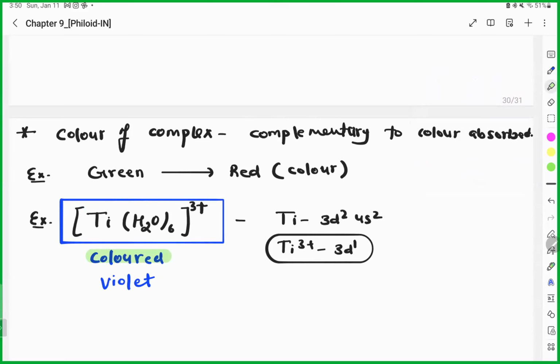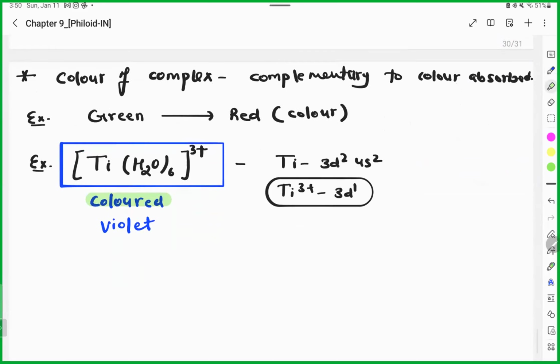And if anybody asks what is the reason for color in this compound, the answer will be: color of the compound is due to d to d transition. It means an electron will move from one d orbital to another d orbital, and because of that there will be a transition change.